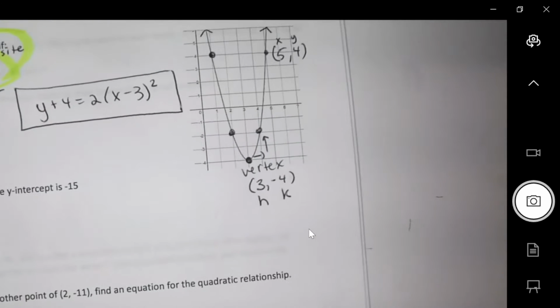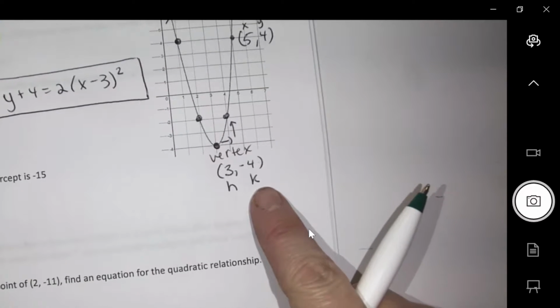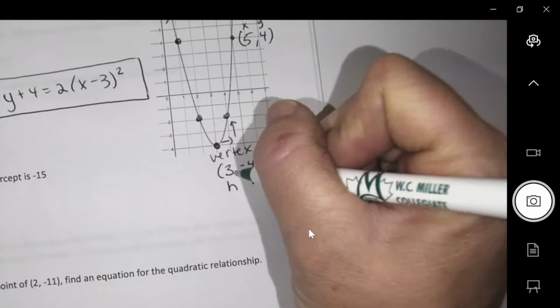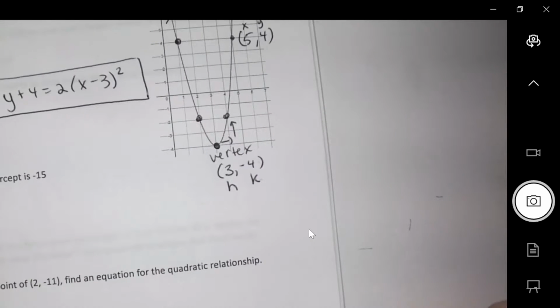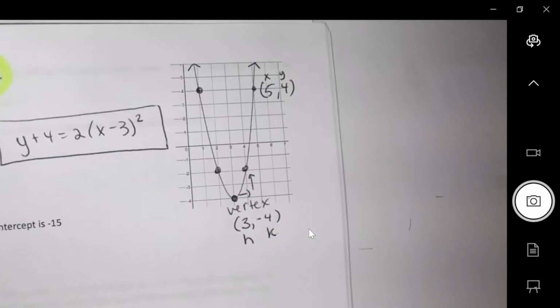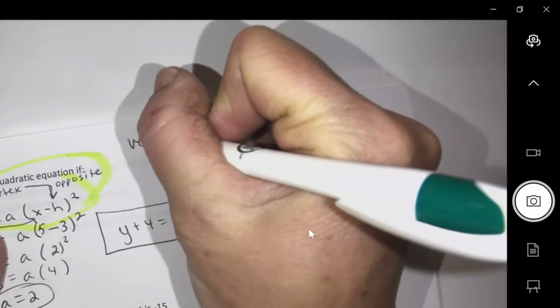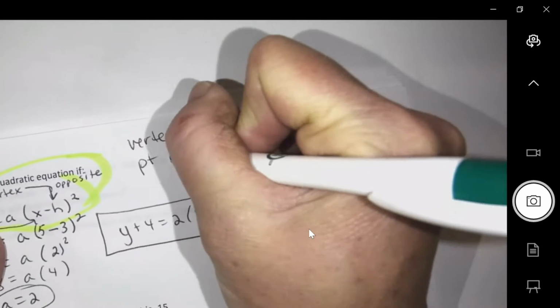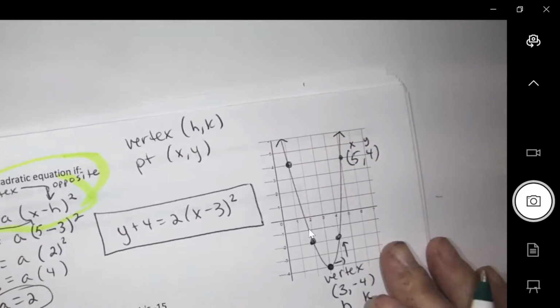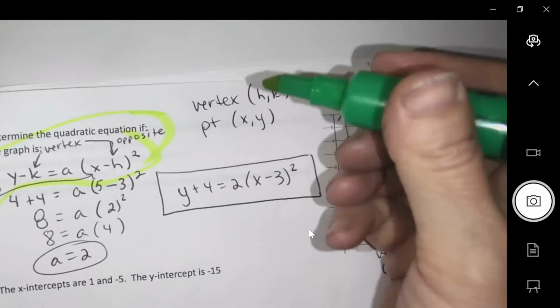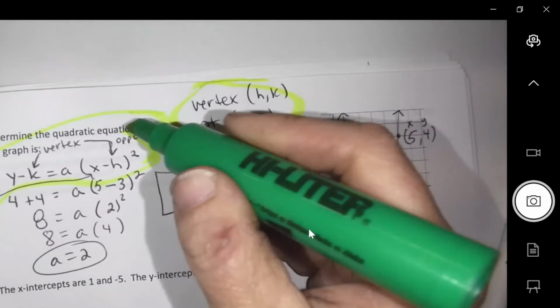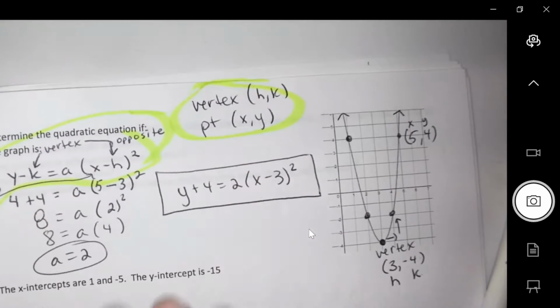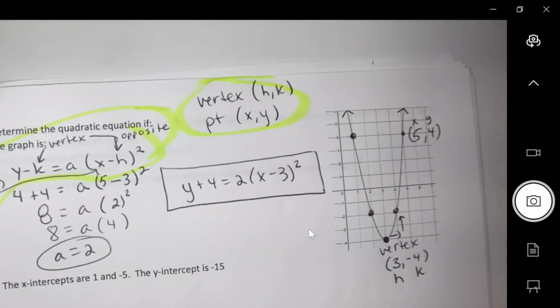And maybe you want to put this on your cheat sheet where you go vertex HK, point XY. So I would have something like that on my cheat sheet where I'm showing myself where to plug stuff in, if you want that on that paper.